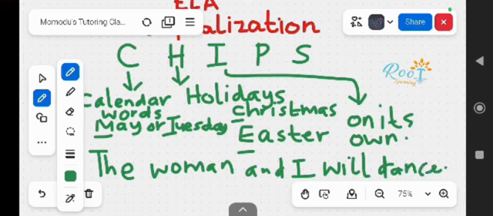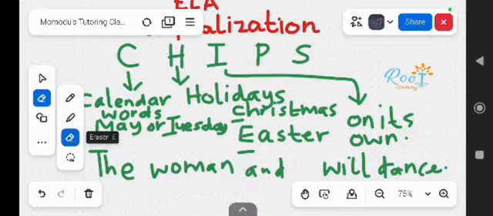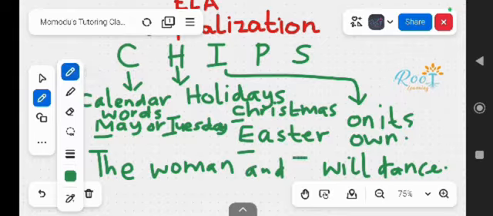So I should be capitalized regardless of where I is found. When it stands alone, it should be capitalized. Okay? I hope you're enjoying this lesson. Let's take the next one.